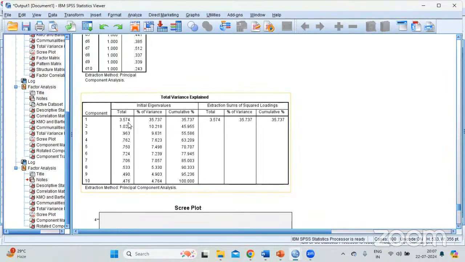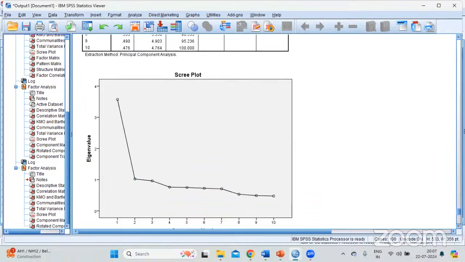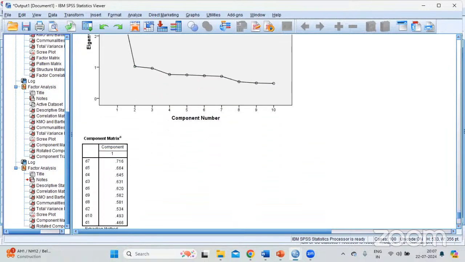So even if there is another important component which has an eigenvalue more than one, and it can explain, say, 10% of the total variance, we are not considering it. So our total variance explained is going down to 35.73%.